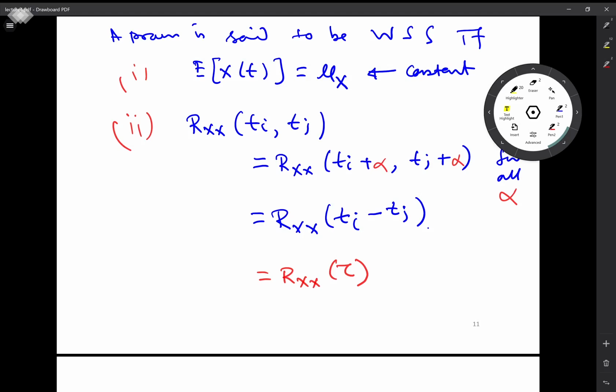If the autocorrelation depends only on the difference between the two times, not on the times themselves, and these two things hold, then the process is called a WSS process. Let's give one example, then it will be clearer.